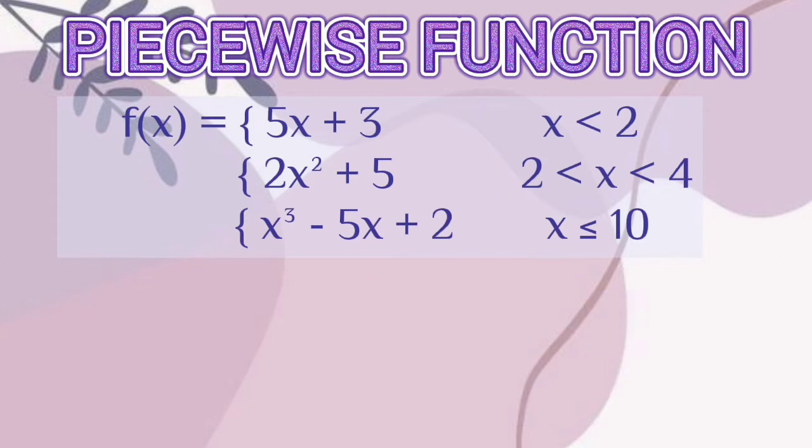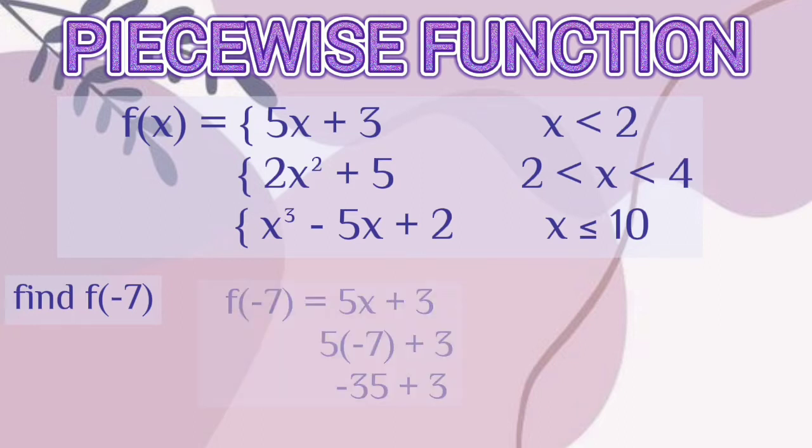Let's have another example. Find f(-7). What are we going to use from the given conditions? Of course, x is less than 2, since -7 is less than 2. So we will use the expression 5x plus 3. Let's substitute the value of x, which is -7.